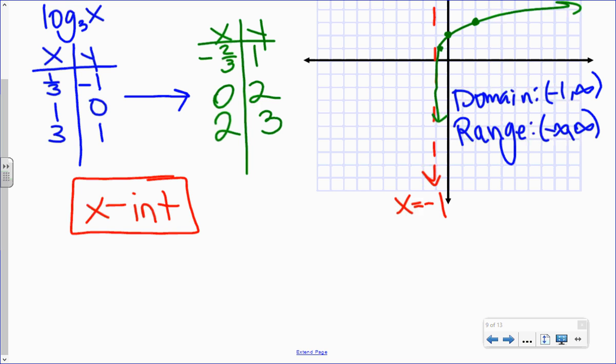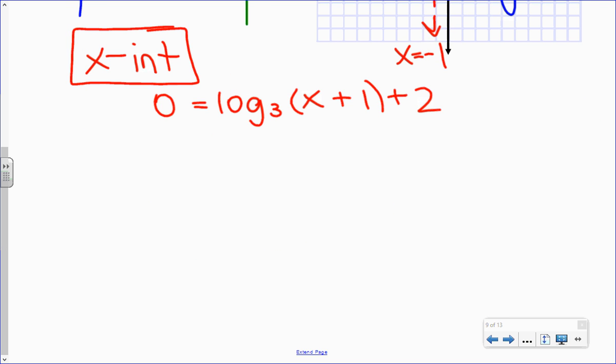We plug 0 in for y. So 0 equals log base 3 of x plus 1, plus 2, minus 2. How do I solve for my x-intercept here? Oh, you do the opposite equation. Not quite yet. What do we have to do first? Let's subtract 2 first.